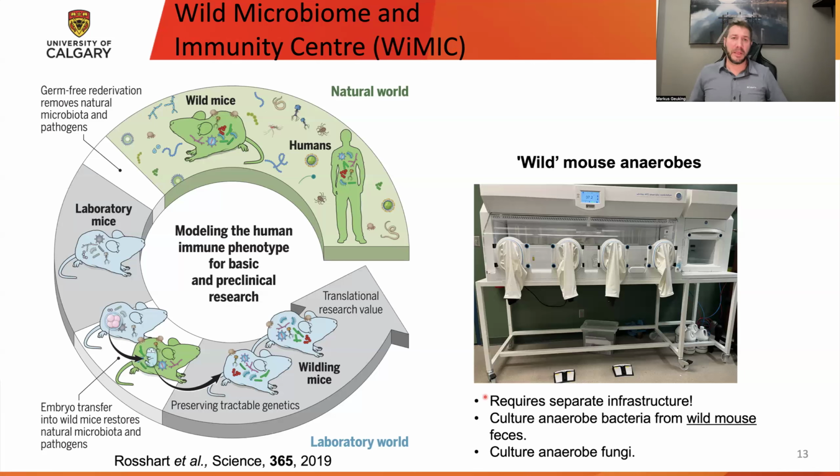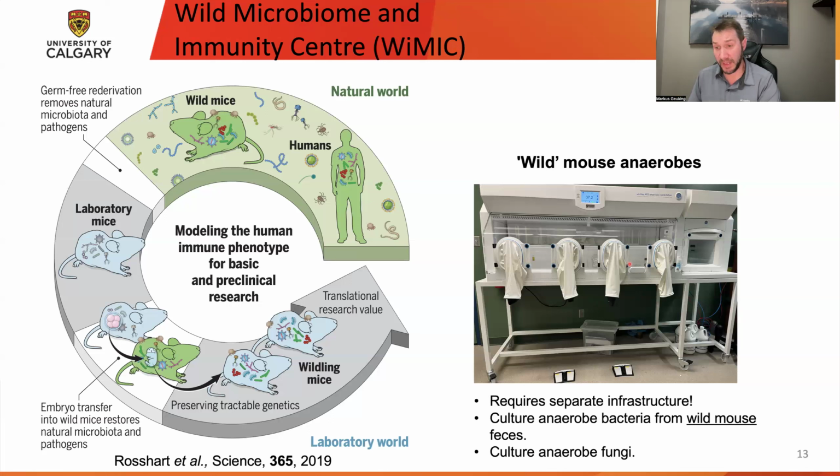Therefore, we are now building, and have almost finished, a wild microbiome center at the University of Calgary, which has to be completely off-site on another campus, because we really want to avoid contamination with anything that comes from those wild mice. In this wild microbiome center we have a third A95 chamber to culture commensal bacteria from those wild microbiomes.